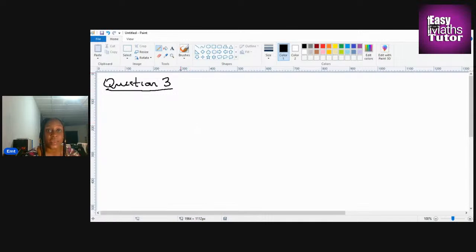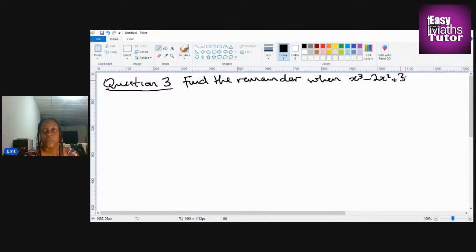The question says: find the remainder when x cubed minus 2x squared plus 3x minus 3 is divided by a factor x squared plus 1.